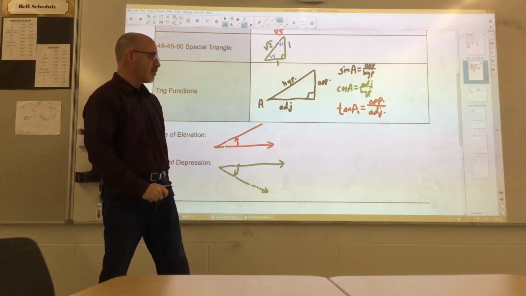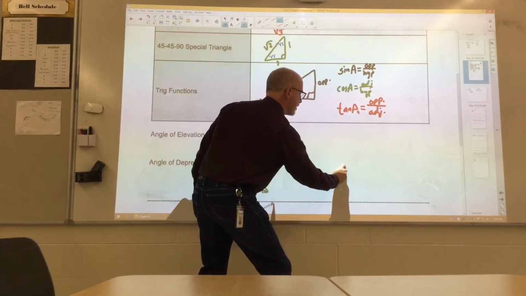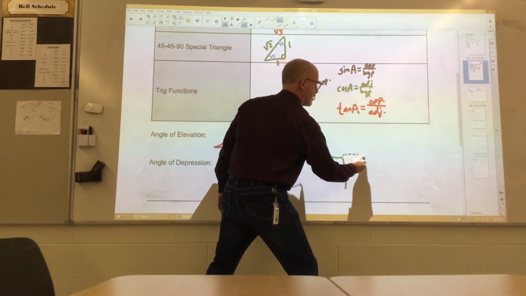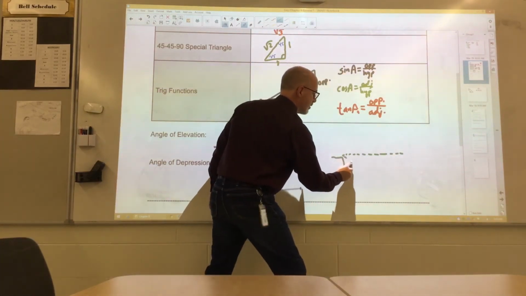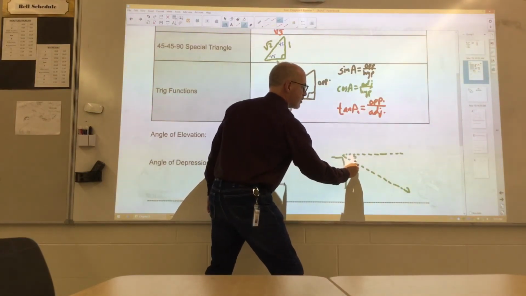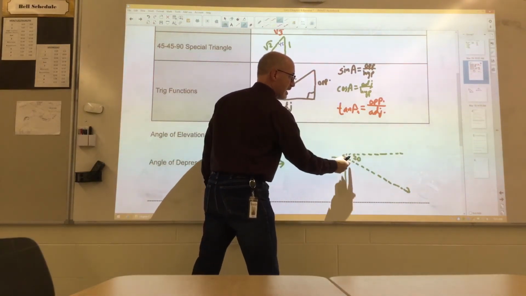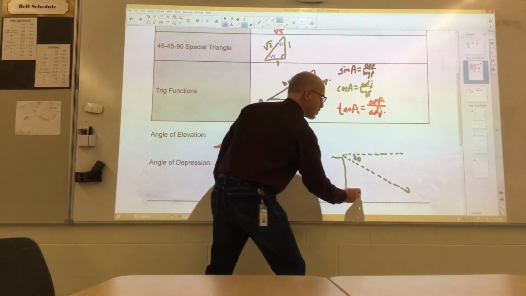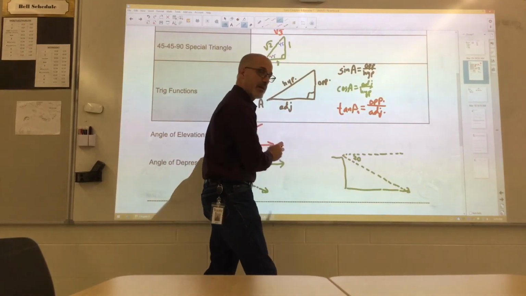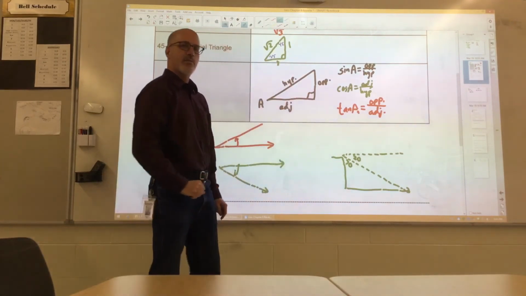So just as an example, if I do a problem where somebody's standing on a cliff and they look down at something down below, looking down at something, let's say they look at an angle of 20 degrees. Okay, the angle, notice, goes in this spot, not here. So this angle in the triangle is going to be 90 minus that, the complement of it, which is 70 degrees. And that's probably the angle we'll use in the problem.